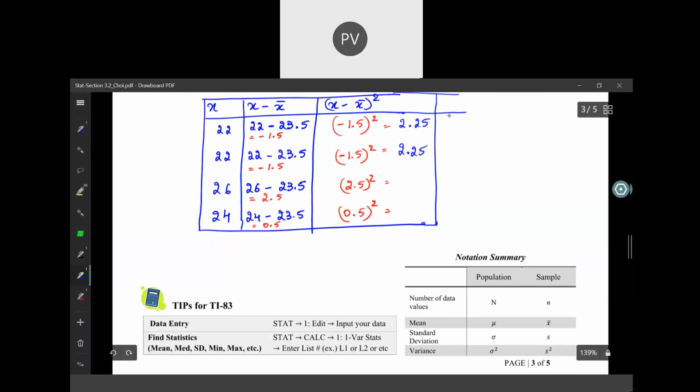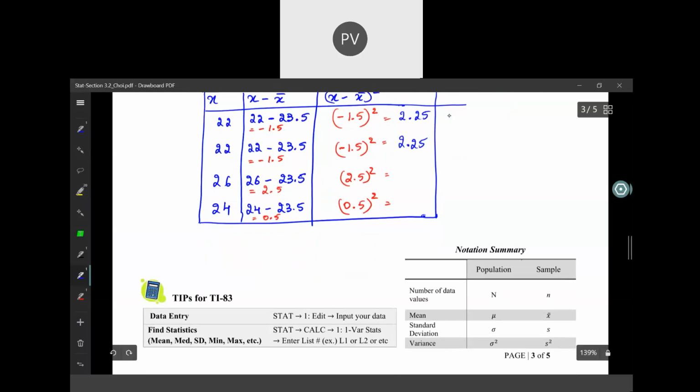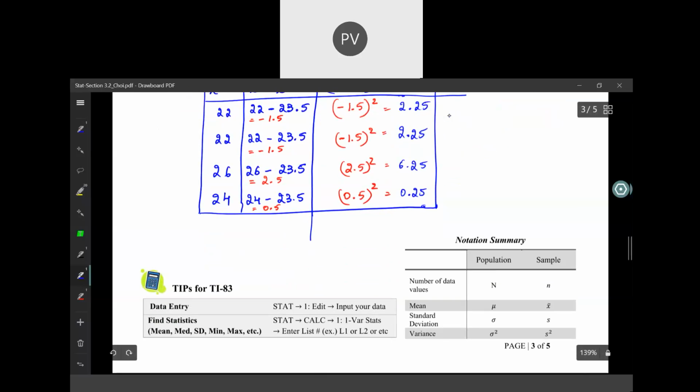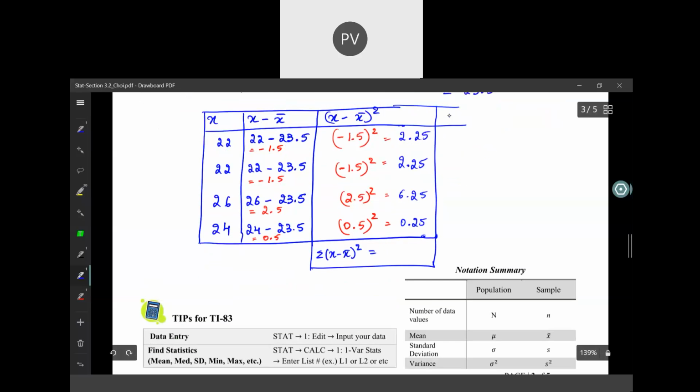What is 2.5 the whole square? 6.25. 0.5 the whole square? 0.25. Right. Now add all these values. That gives you the summation of x minus x bar the whole square equal to, add all the values.